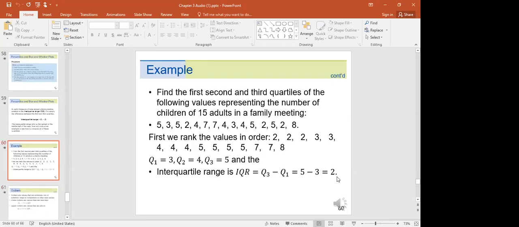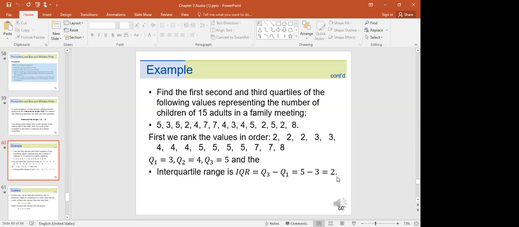We are going to use an example here to illustrate all of that. We have the following data values, which represent the number of children of 15 adults in a family meeting. First we order them: 2, 2, 2, 3, 3, 4, 4, 4, 4, 4, 4, 5, 5, 5, 5, 7, 7, 8.